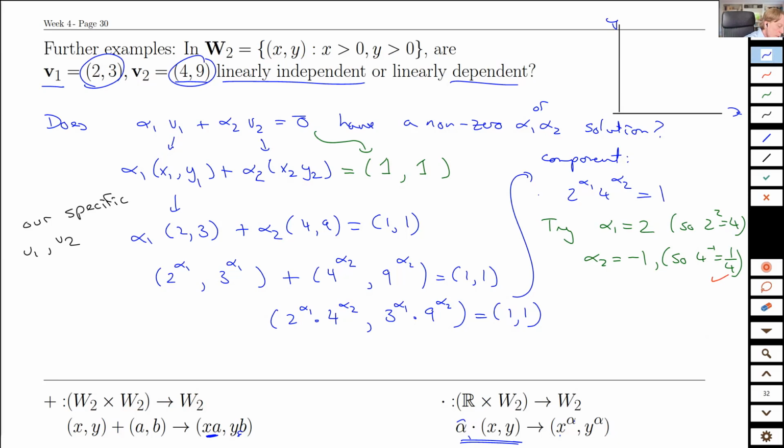What about the other component? Well, the other component has to work as well. If I do 3 to the alpha 1, 9 to the alpha 2, that's going to be 3 to the 2. Oh, wait, this is exactly the same pattern. Times 9 to the minus 1 for my other one. That's 9 times 1/9. That's equal to 1. So that's fine too.